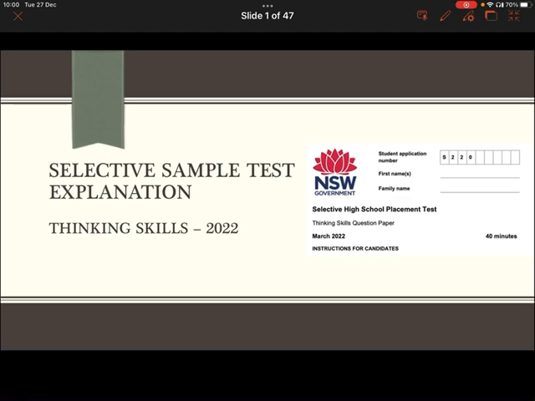Generally, I can tell you the sample in 2022 is much more difficult and time-stressed than the previous one. So the level of difficulty has obviously increased a lot. So that requires us to be prepared in 2 points.